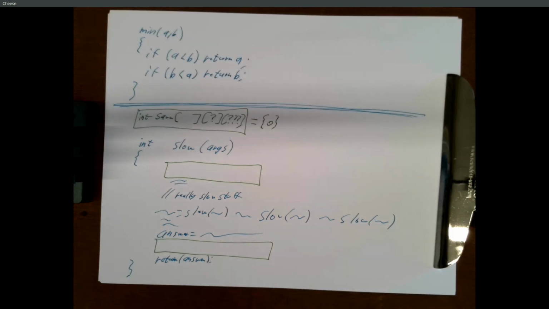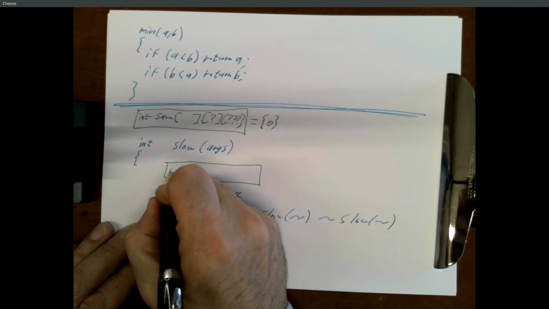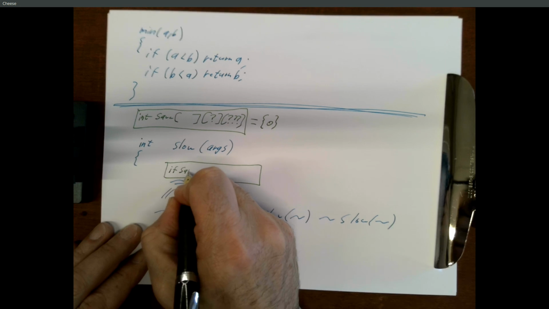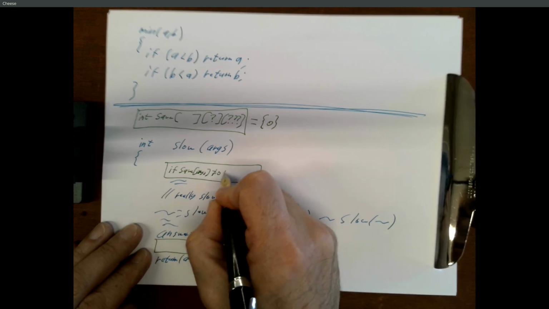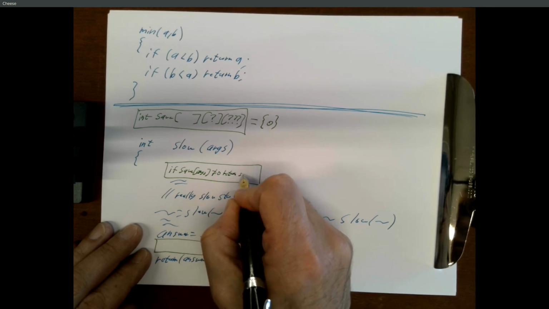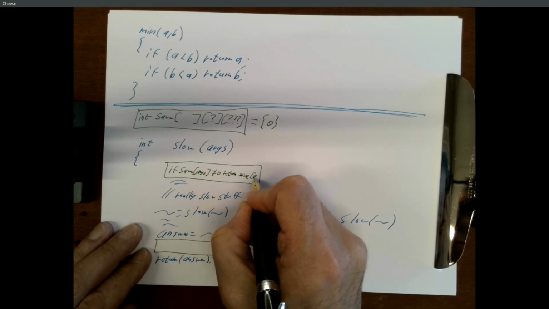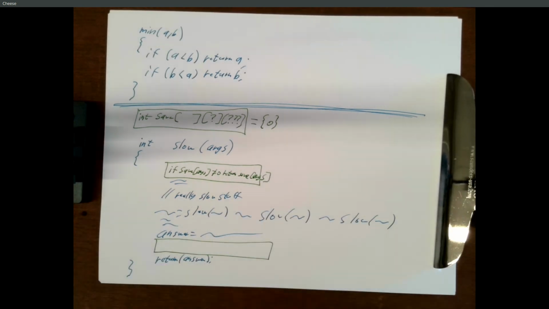And then in the beginning of your function, see if you've already calculated this. If save[args] is not equal to 0, just return it. So in this case, save[args] is not 0, just return save[args].